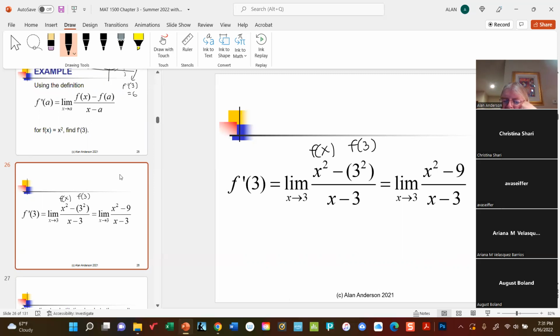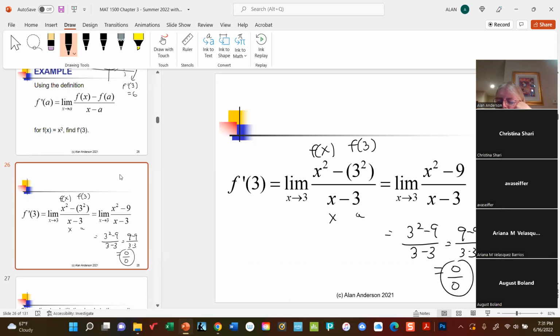And this is just x and a. And when you plug in the 3 here, you're going to wind up with, oh no, 0 over 0. Our nemesis 0 over 0 has returned.